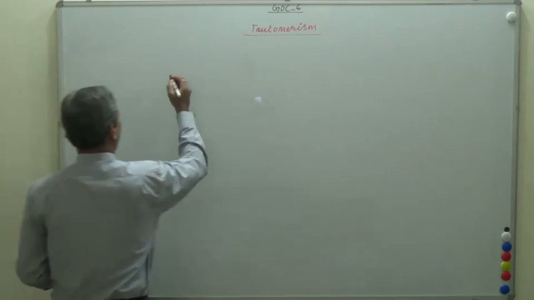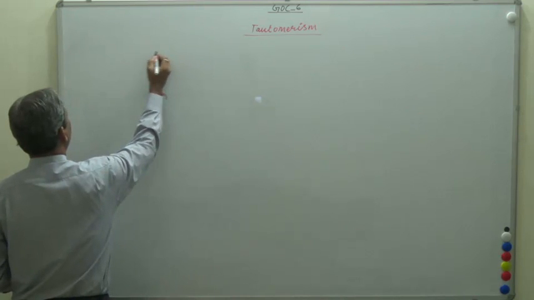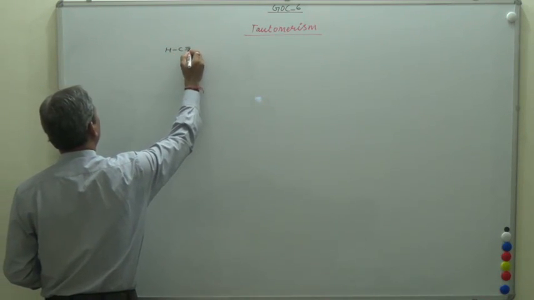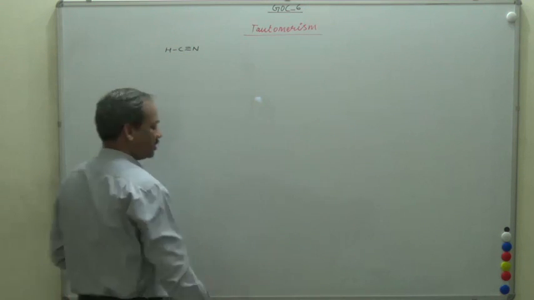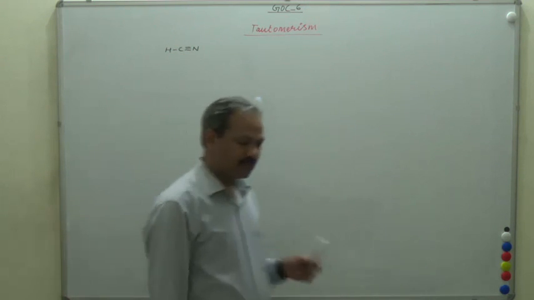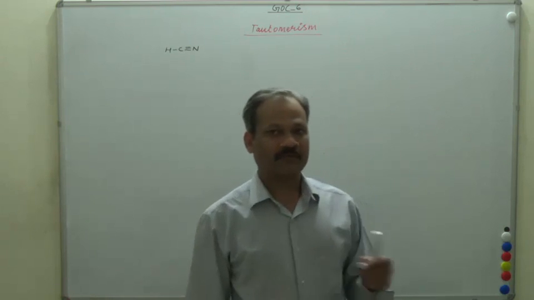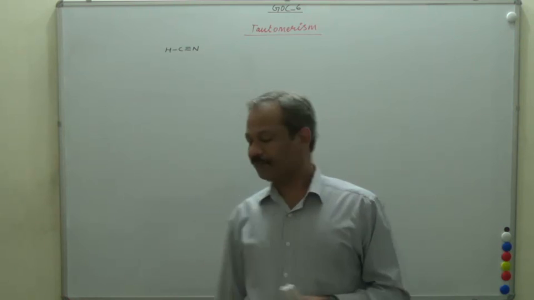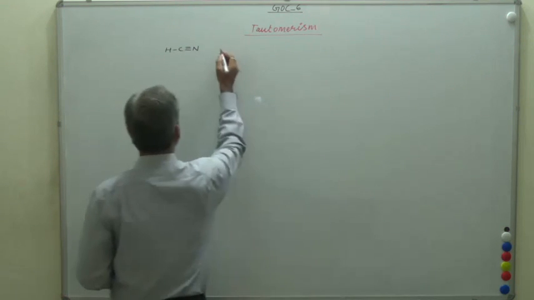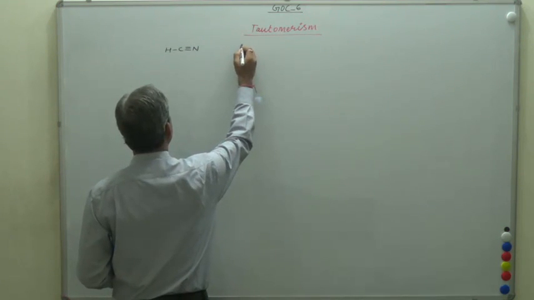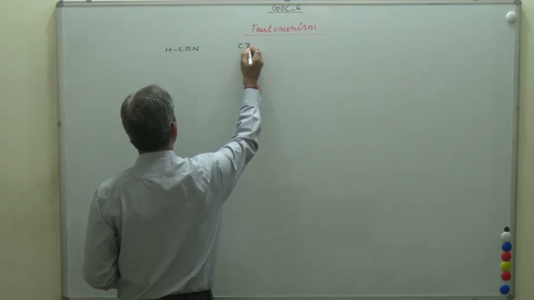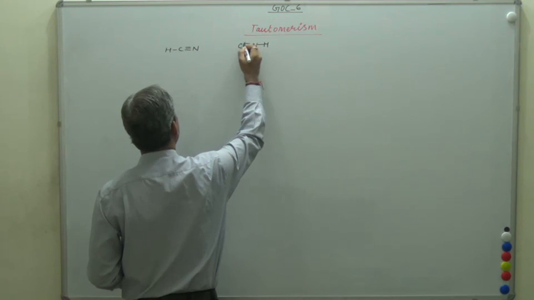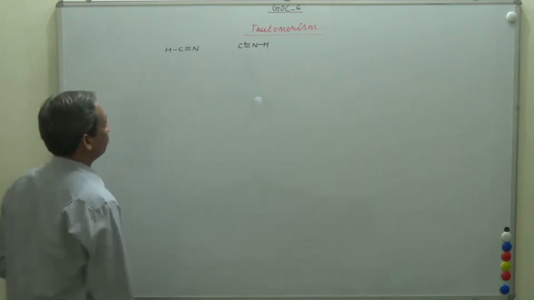For example, HCN. In this HCN, this hydrogen can shift between carbon and nitrogen. If hydrogen shifted to nitrogen, then a new structure is formed.